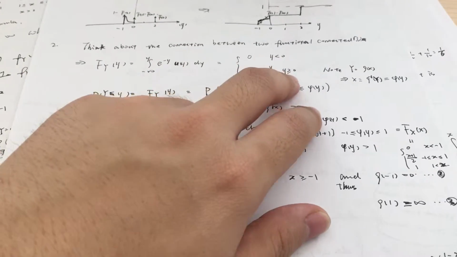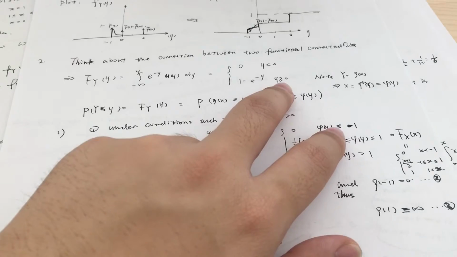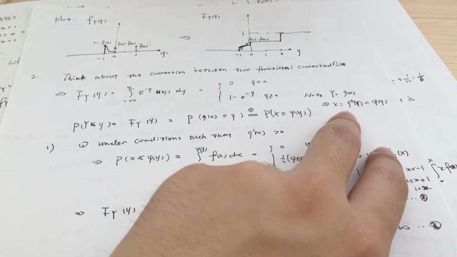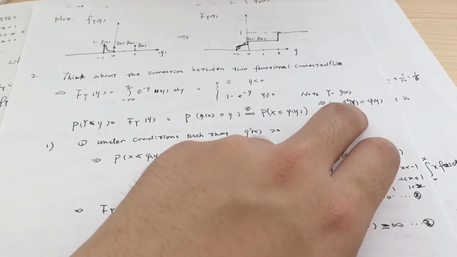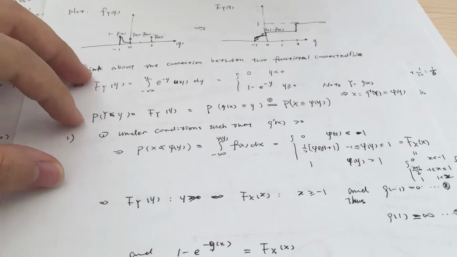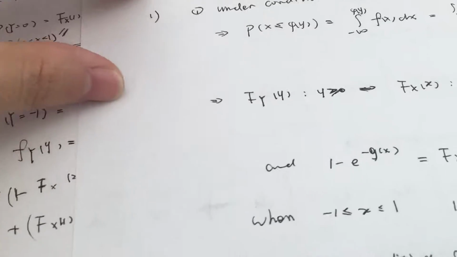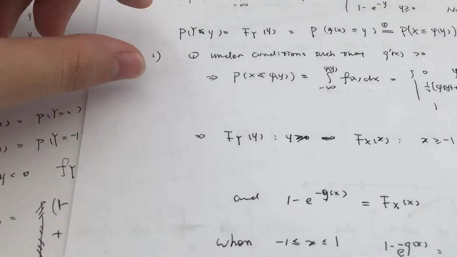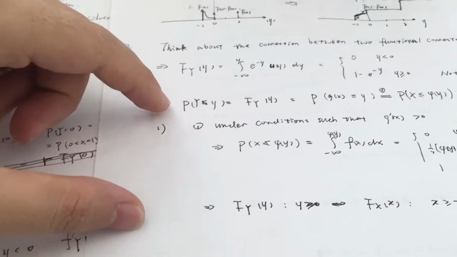Let the inverse, g inverse of y, equal phi(y), and we write the probability here. This line is very important to get a basic connection between these random variables.